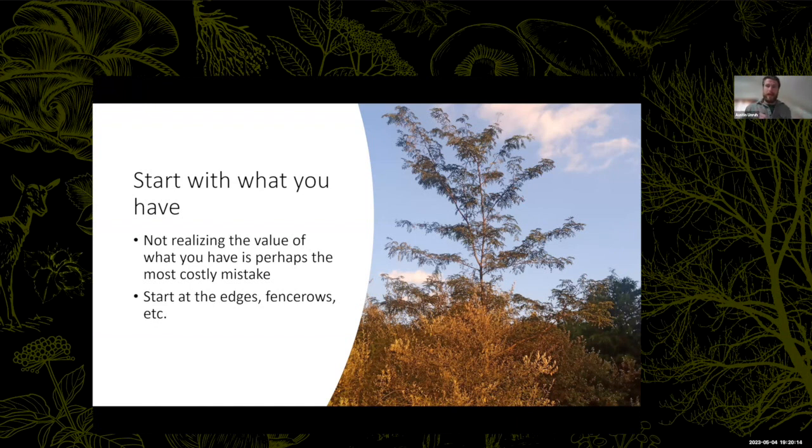This property had sheep, and when they brought us in, they wanted to clear the cedars and the brush, the autumn olive, and then put in a row of white pine. And I looked at them and said, you might not want to do that, because your cedars are providing all the windbreak that you need right now for free.